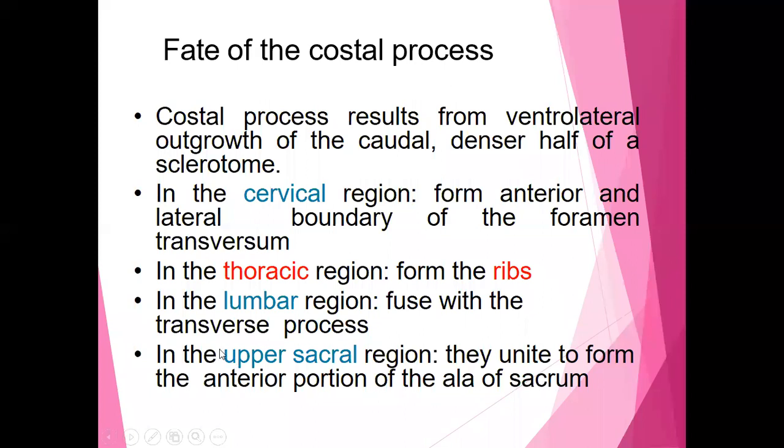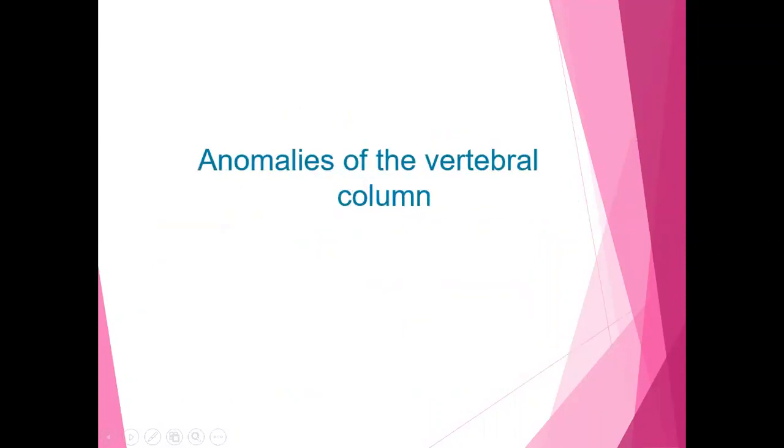Lumbar may fuse with the transverse process. Upper sacral region units form the anterior portion of the ala of the sacrum. The wing-like parts of the sacrum are called the ala. Especially we are interested in the thoracic because here it forms the ribs.